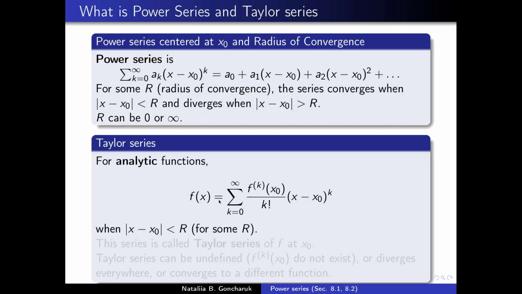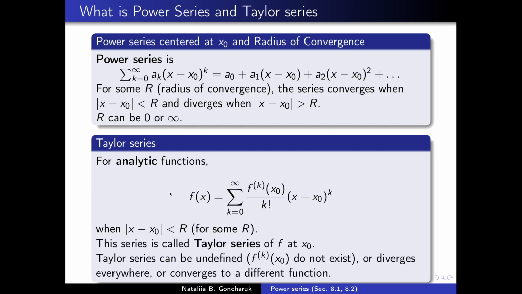This formula doesn't always work. It just works for some functions that are called analytic functions. The Taylor series can be undefined: if the function is not infinitely differentiable, then this term can be undefined.